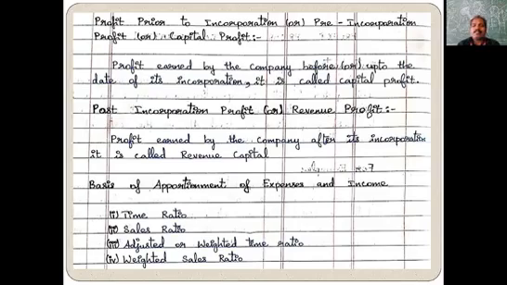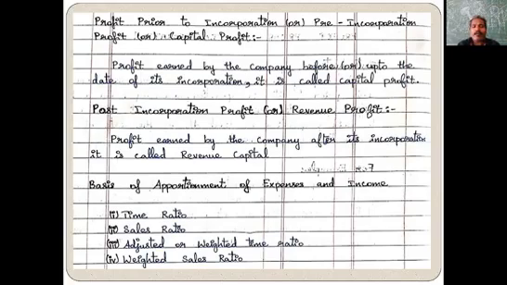The next most important stage is the basis of apportionment of expenses and income of the company or the business. We have four classifications, and based on them, apportionment should be made to the expenses and income. The first one is time ratio, second is sales ratio, third is adjusted or weighted time ratio, and fourth is weighted sales ratio.